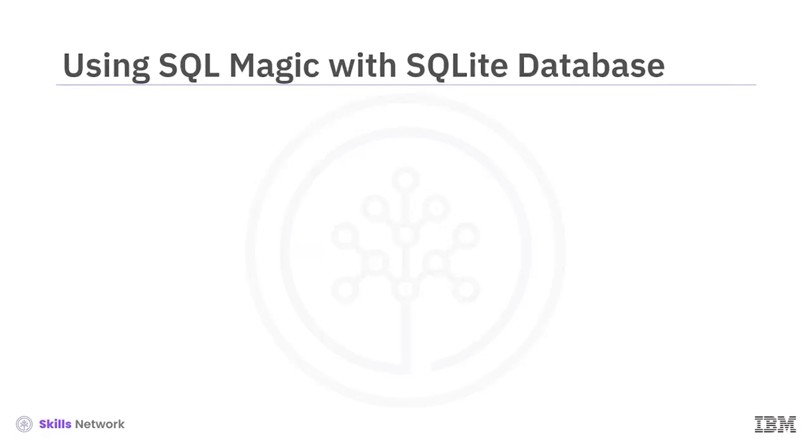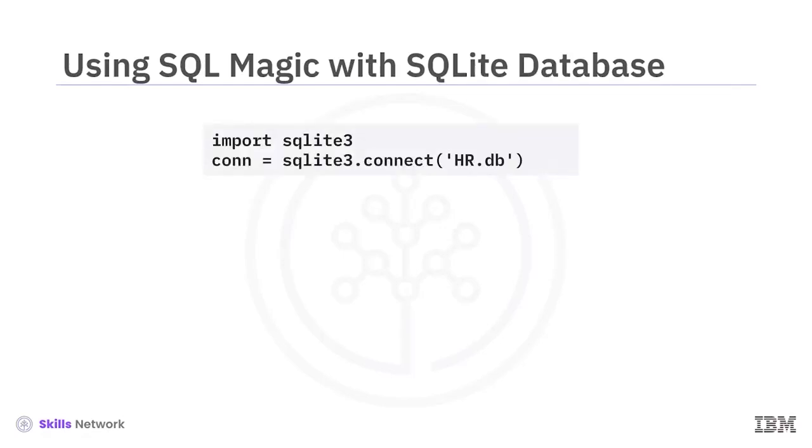As an example, let us explore the use of SQL Magic with the SQLite3 database server. We first need to establish a connection to a database, say hr.db, using SQLite3. Next, you load the external SQL module using %load_ext sql.